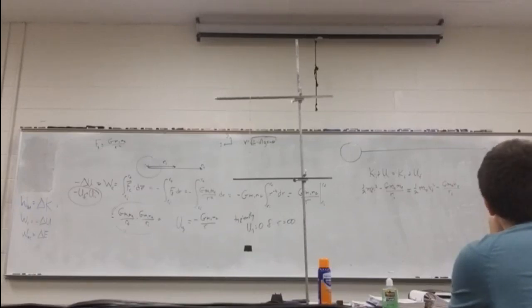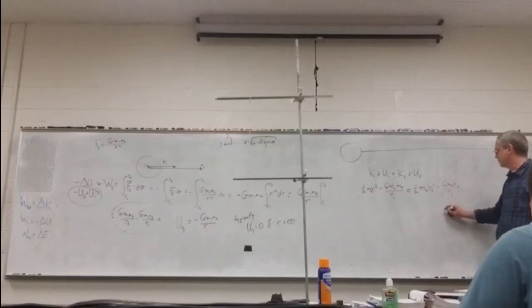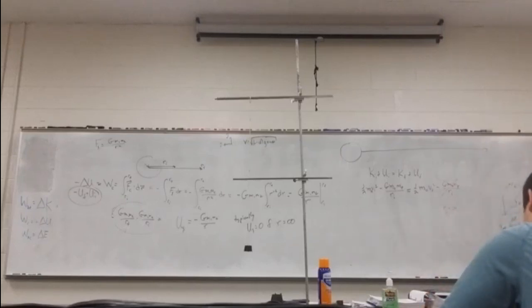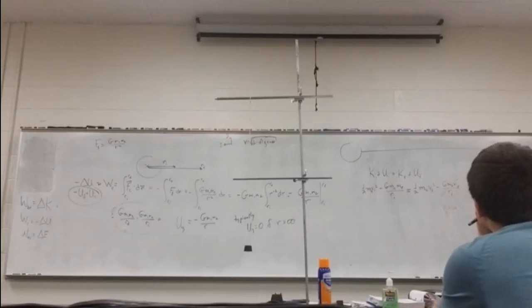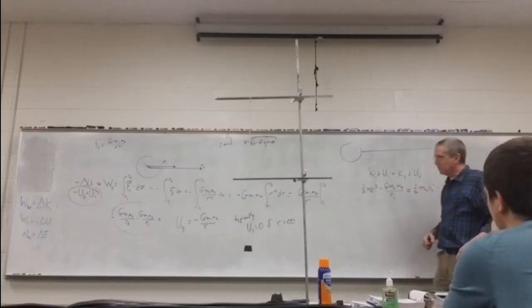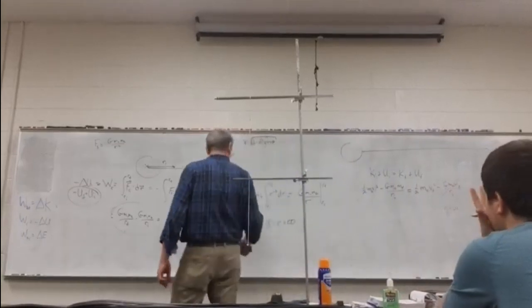Is one the final potential, since the radius goes to infinity? Our R final is equal to infinity. We can get rid of one more thing. U initial equals 0, so we can get rid of this.